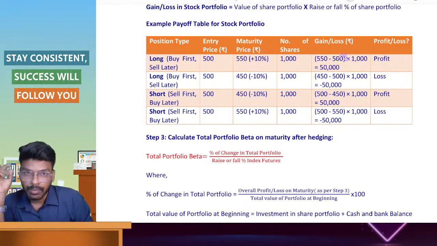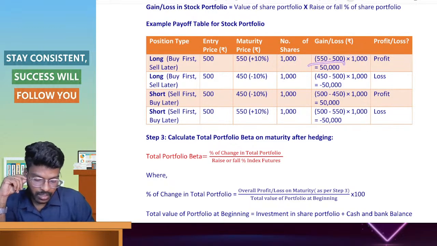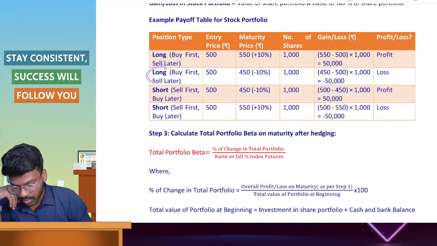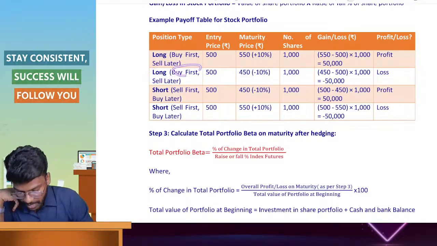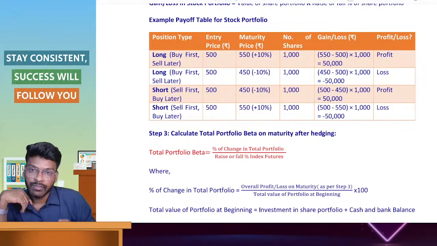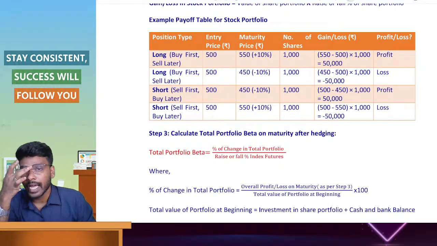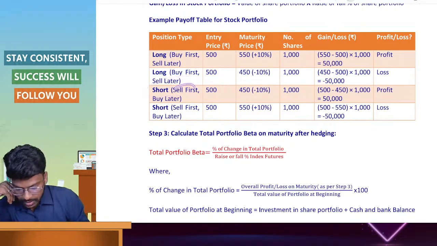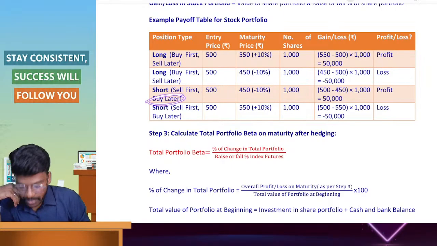So you will get 5 rupees, multiplied with 1000 shares. You will get a profit of 5,000. Next, long position, buy first, sell later. With a 10% decrease, there is a fall of 10% on share portfolio. You will get a loss of 5,000. In case of short position, sell first, buy later.